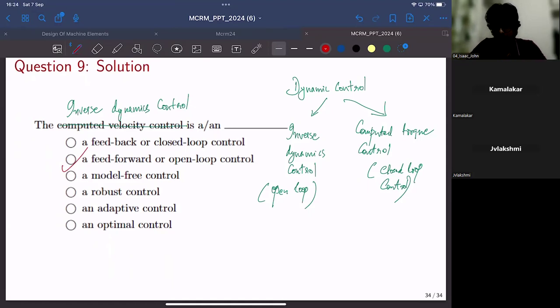We cannot exactly predict that, but sometimes we may have some estimate, or the range within which the uncertainties can go.